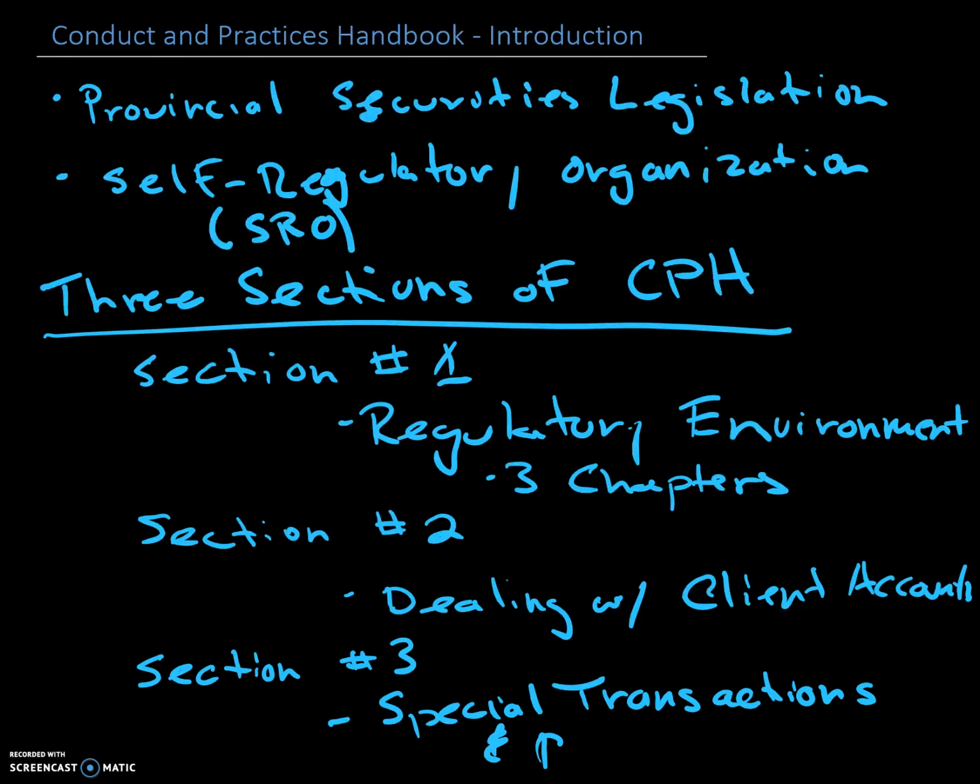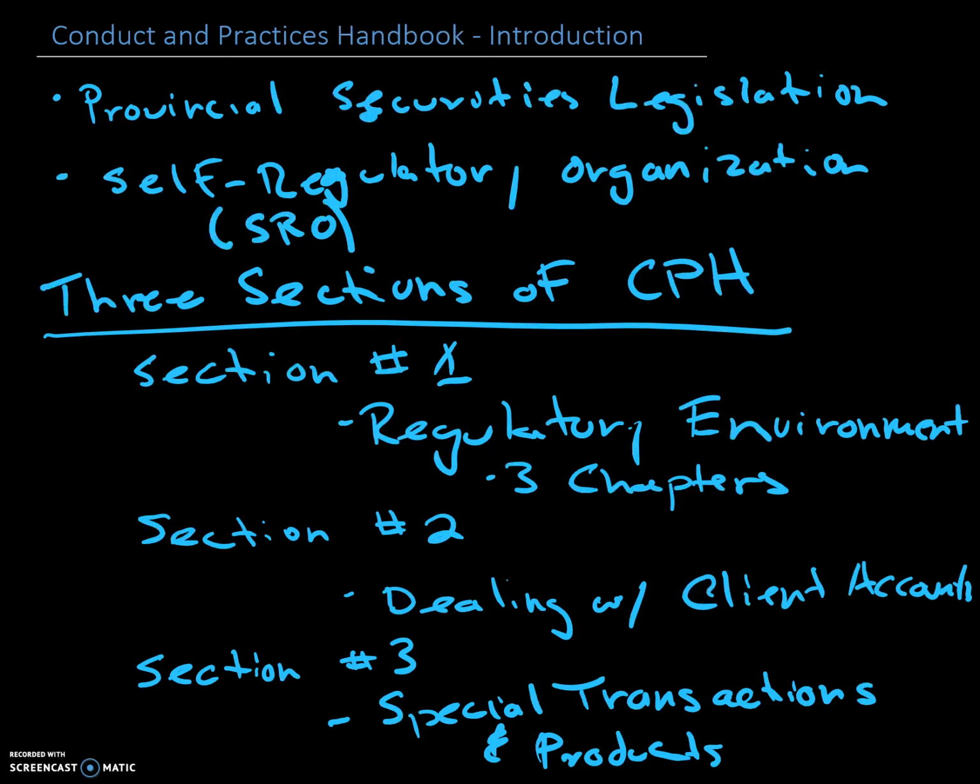It's going to be focused around new issues to the market, whether that's an equity issue in terms of an IPO, or a new debt issuance in the primary market, or potentially new equity issuances in the secondary market in terms of seasoned equity offerings. And then we're also going to talk about takeover bids, insider bids, and issuer bids in chapters 9 and 10.